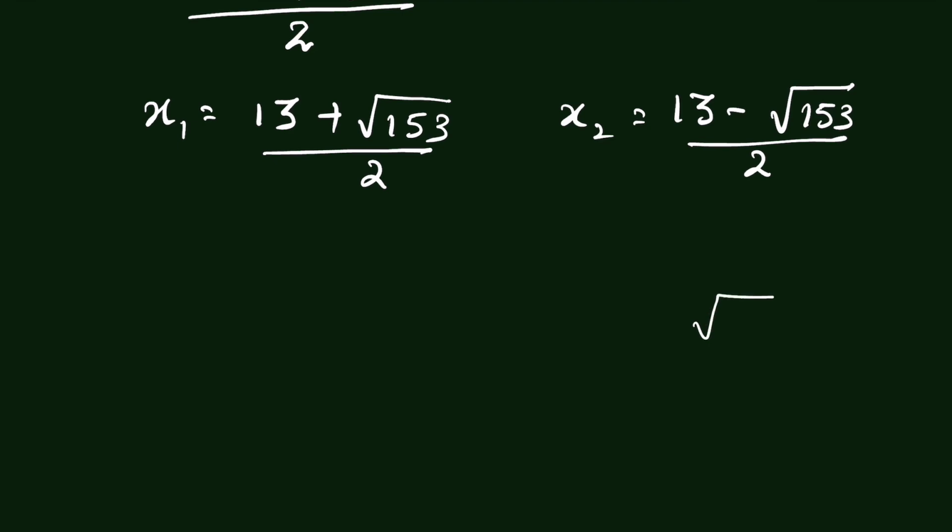Now square root of 153 is approximately equal to 12 decimal 4. It is 12 decimal 3, 6, 9 and so on. So we are rounding it off and writing it as 12 decimal 4.